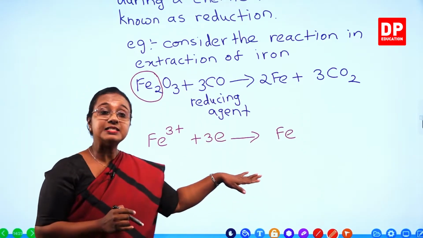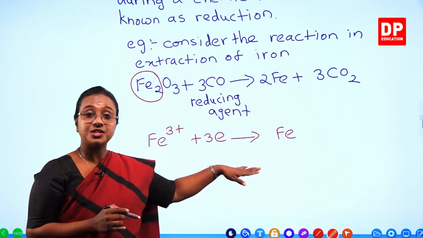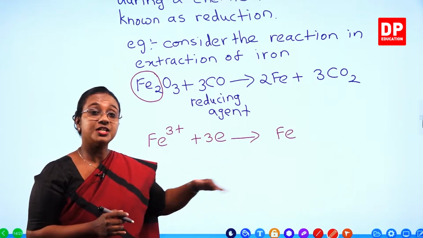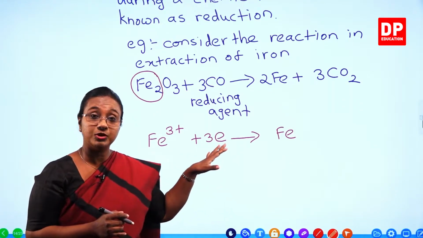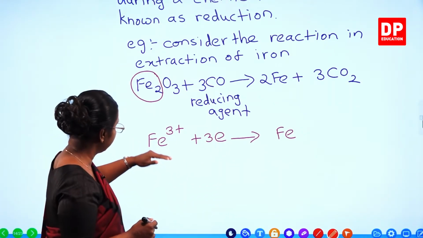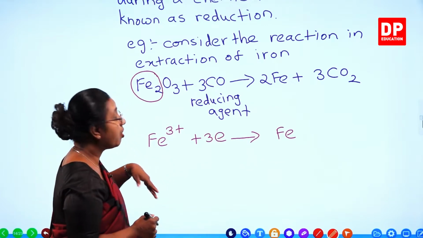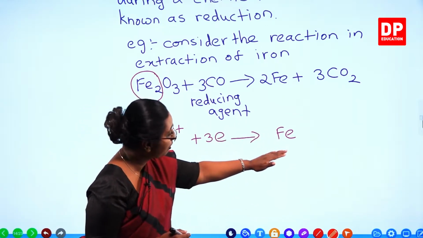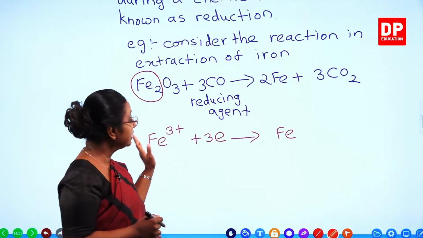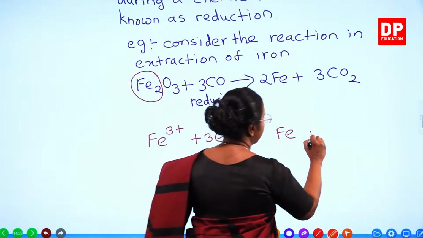We will be discussing these types of reactions, oxidation and reduction, in your next grade as well. We'll be discussing in more detail. But for now, remember, an ion, or it can be an atom, when it takes up electrons and forms a new species, that is known as reduction.